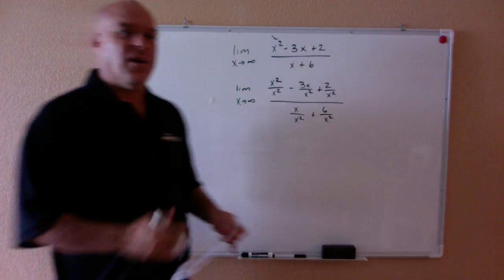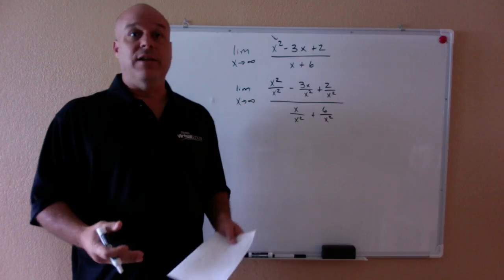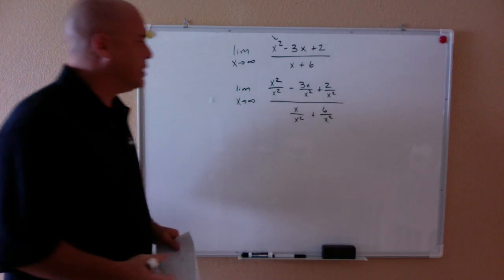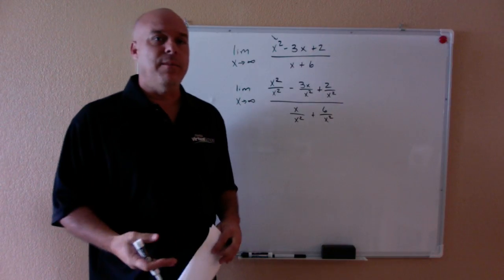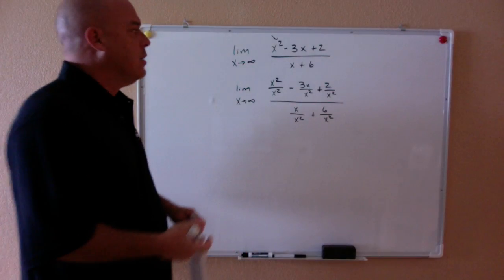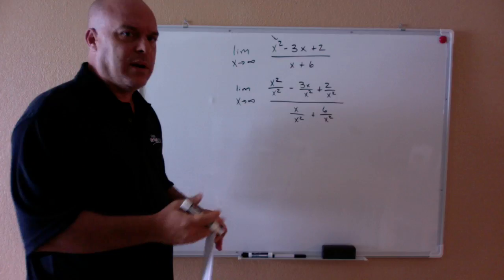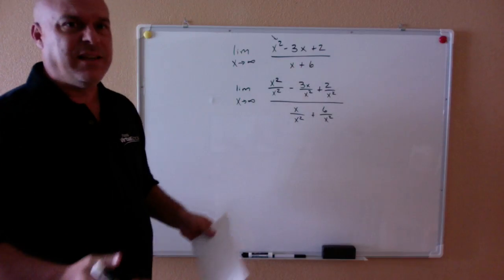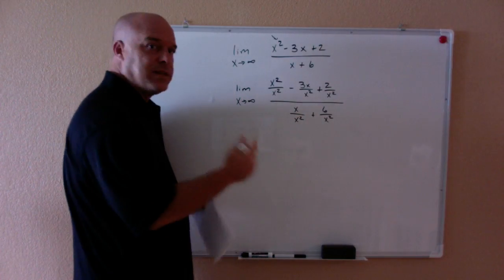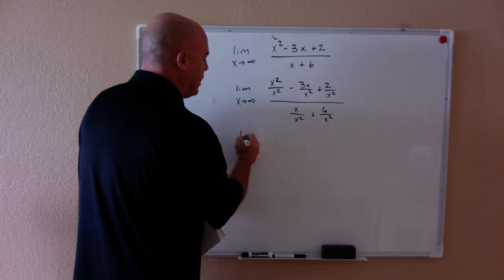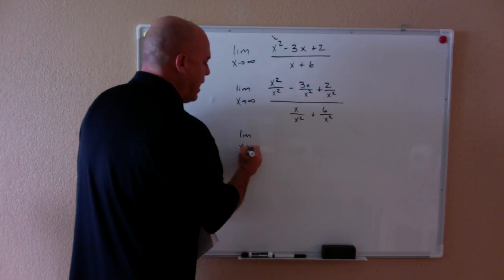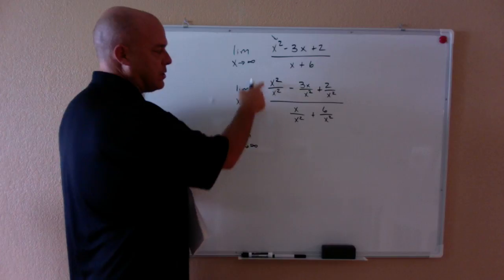While it seems like I complicated the function, and I really did, now when I apply the limit, it's actually going to tell me something. Before I evaluate this, I'm going to simplify as much as I can, because some things will cancel out here.